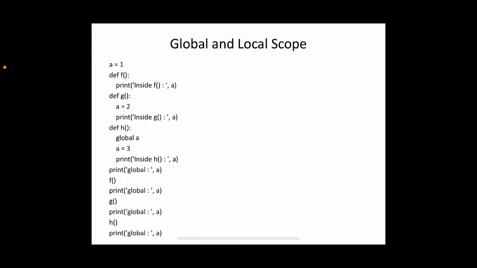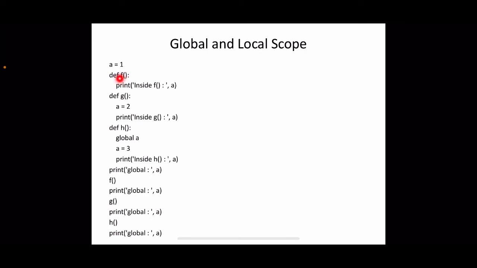Now let us see the difference between global and local scope using another program. I took this code from the GeeksforGeeks website. In this program, what they are doing is initializing a variable a with the value 1. So this is a global variable. It can be accessed by any function within the scope of the entire program. And it defines a new function f.